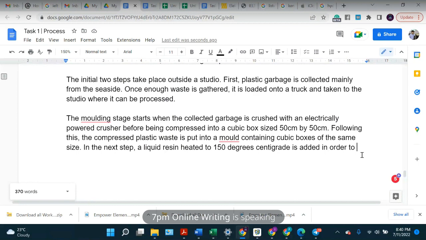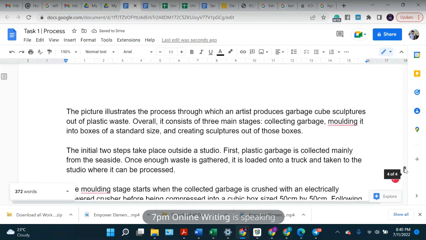Okay, so let's say so that the garbage. If you want to avoid mistakes and be more general, maybe say something like in order to strengthen it, right? Because strengthen could be interpreted in many ways. So yeah, I like it. Or to strengthen it. Okay.